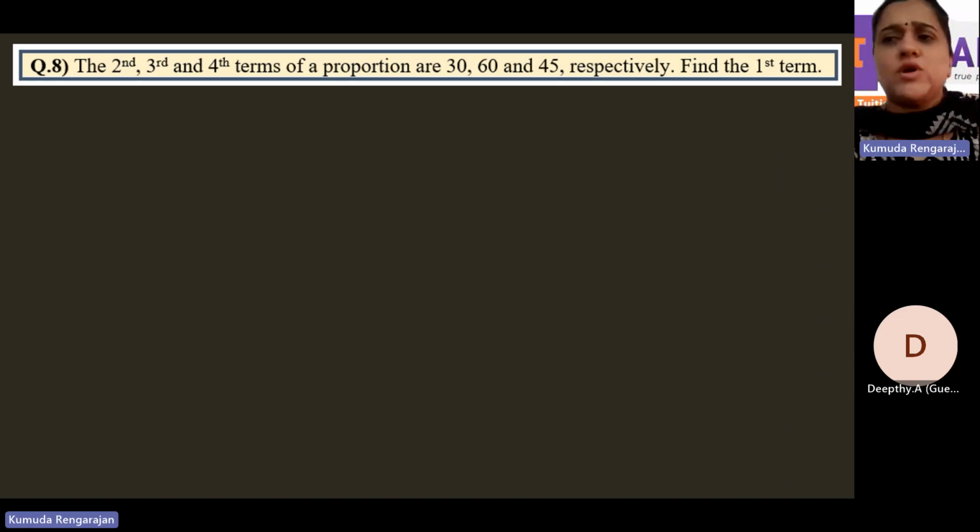Yes, students. So we're almost done with the ratio and proportion. So today is revision of this chapter, ratio and proportion. Open your book. Give the heading, revision. Name of the chapter, ratio and proportion.